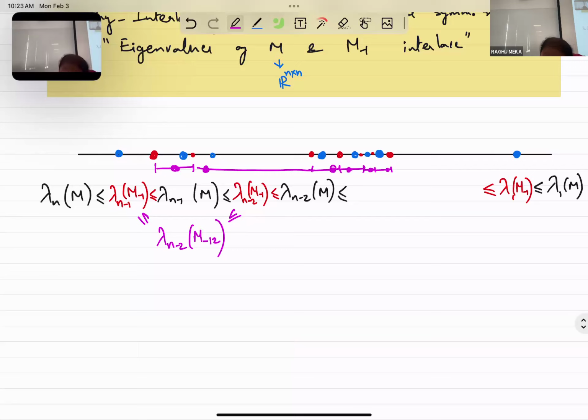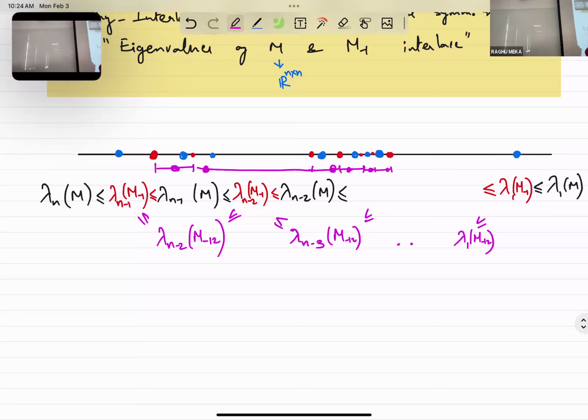I hope you understand this weird notation, but this is trying to show a reasonably complicated pattern. So we can't compare lambda n minus 2 of M minus 1, 2 and this one directly, but we can compare it to that or this.